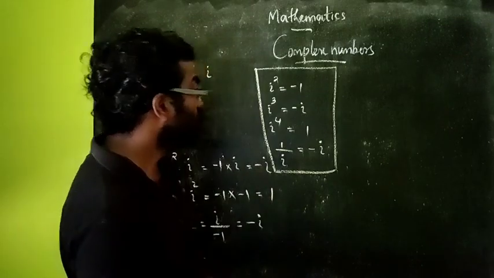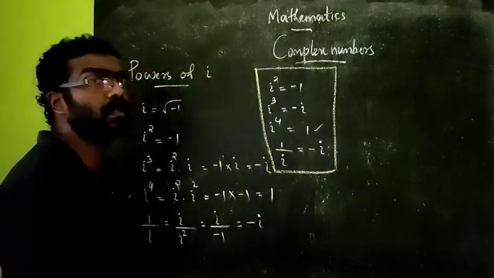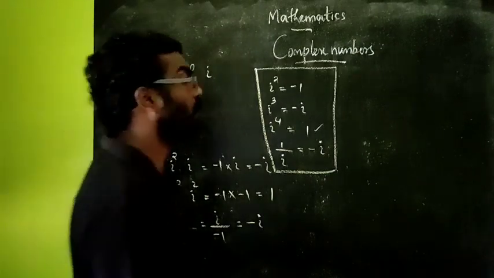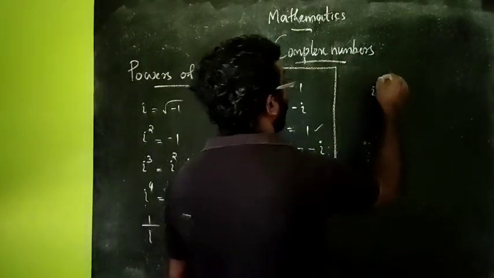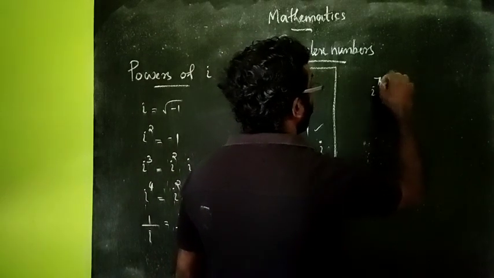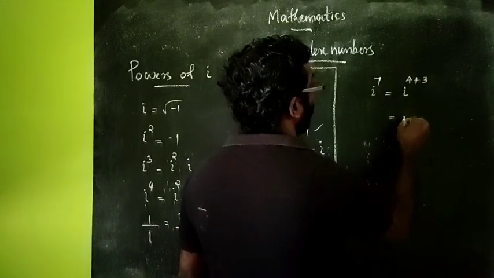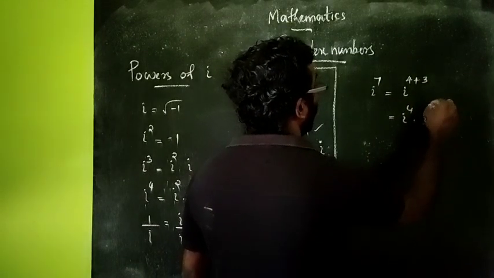Okay. So here take the fourth power. I power 4 is equal to 1. And if we have to find I power 7, what can we do? I raised to 7 can be written as 4 plus 3, that is I power 4 into I power 3.